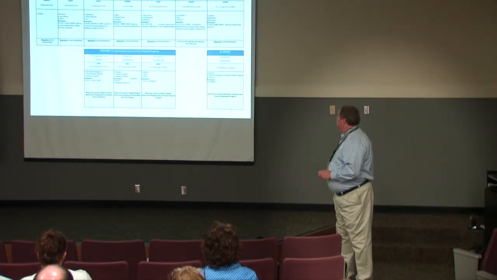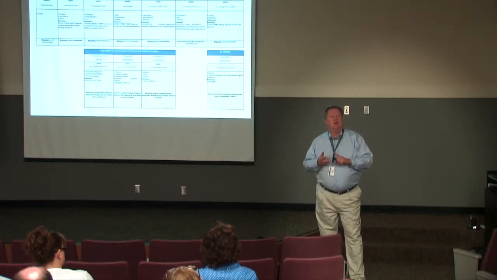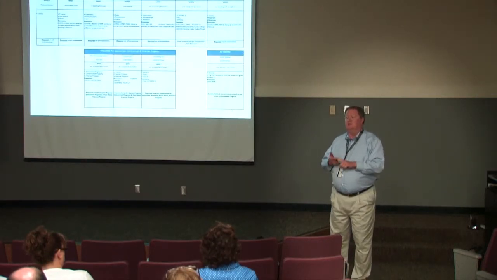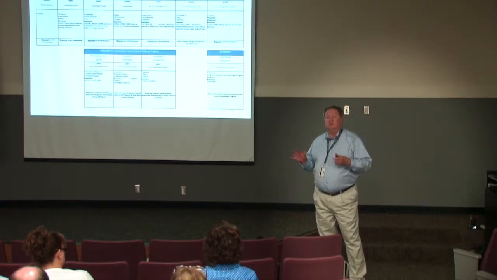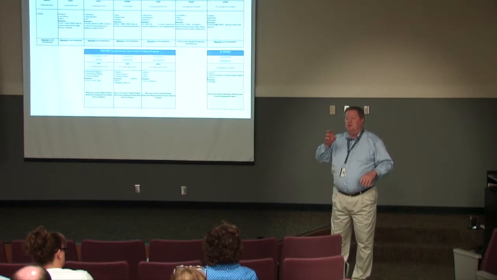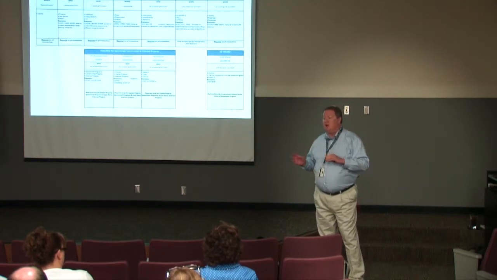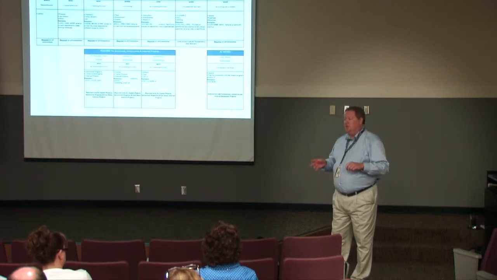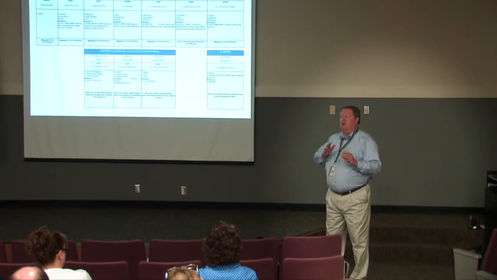And then you get to fund. Fund is still going to be, the numbering of the lettering of it is we're still going to have A funds, we're still going to have B funds, we're still going to have F funds, we're still going to have W funds, we're still going to have Z funds. All of those are still there. We're not coming up with any numbers for them. We're sticking with the letters. We started off with numbers, and then when our consultants saw what we had, they said, no, you better go back to the letters.